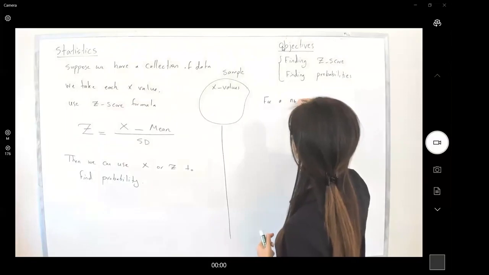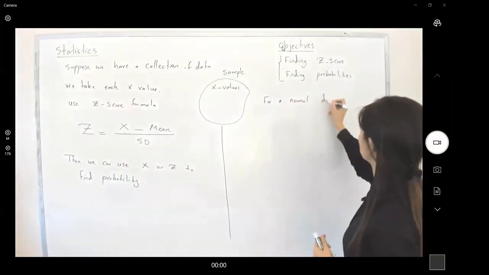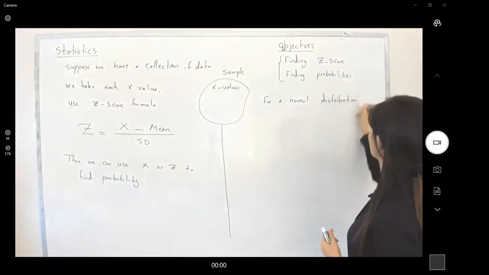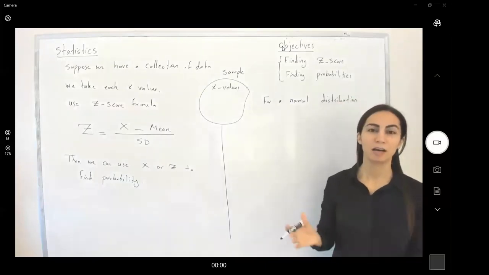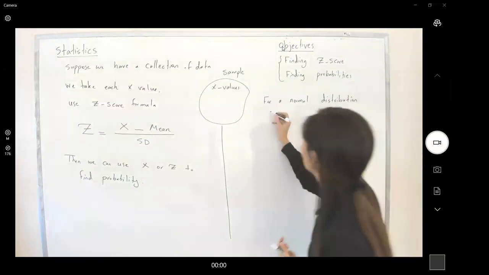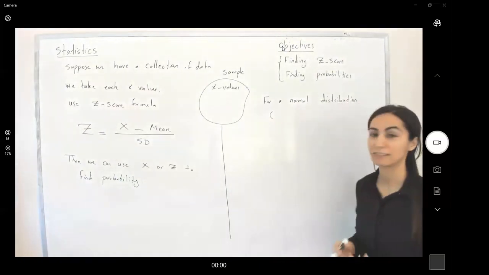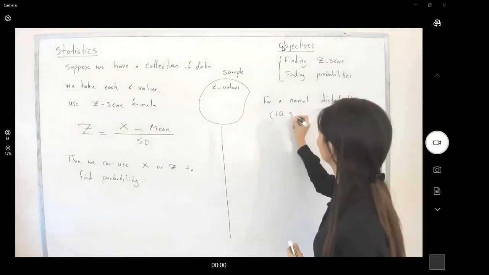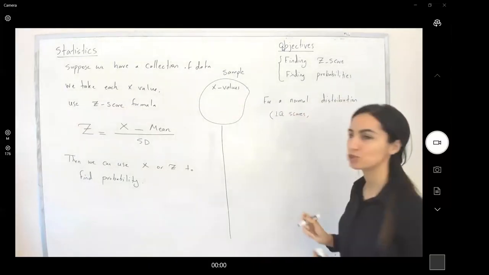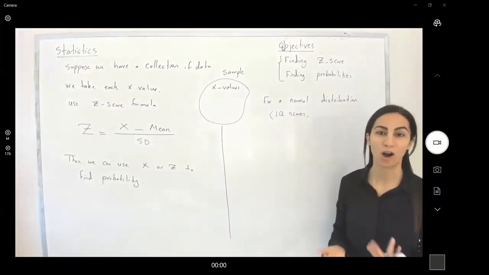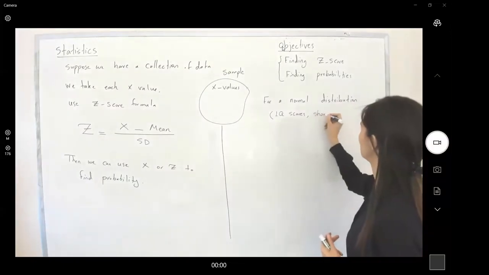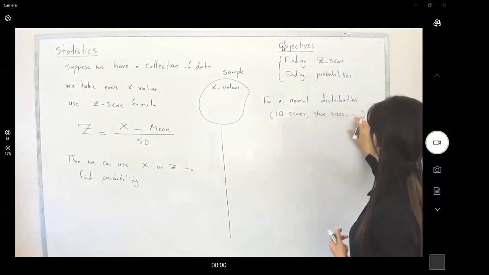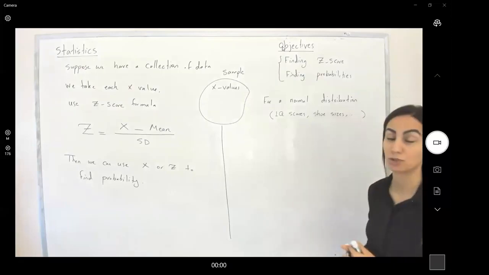For a normal distribution, remember that some important experiments and the data that we're collecting, like IQ scores, shoe sizes, weight, height, all follow a normal distribution.